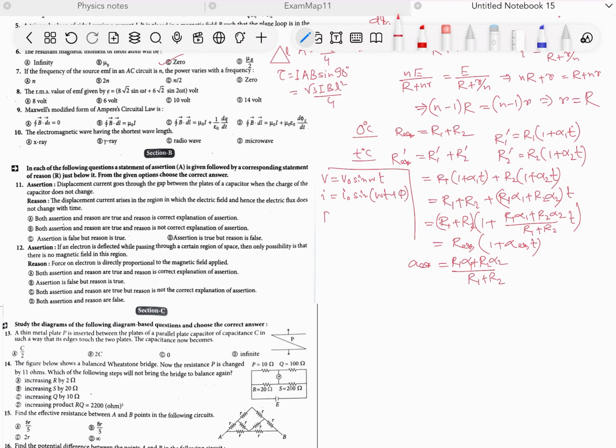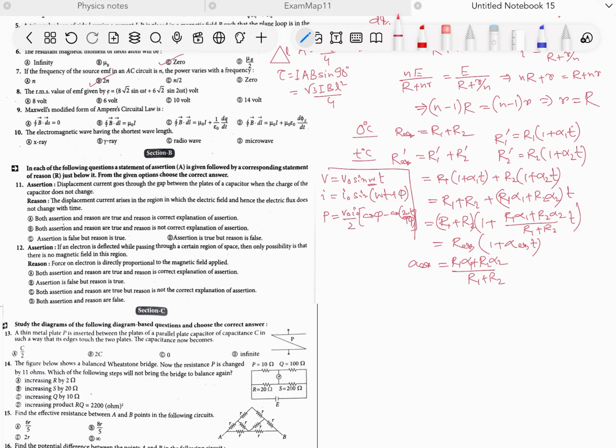So power P will be V0 I0 by 2 into (cos phi minus cos (2 omega t plus phi)). It is power. So basically voltage has value omega, power has value 2 omega. So if voltage has frequency n, then power has frequency 2n.